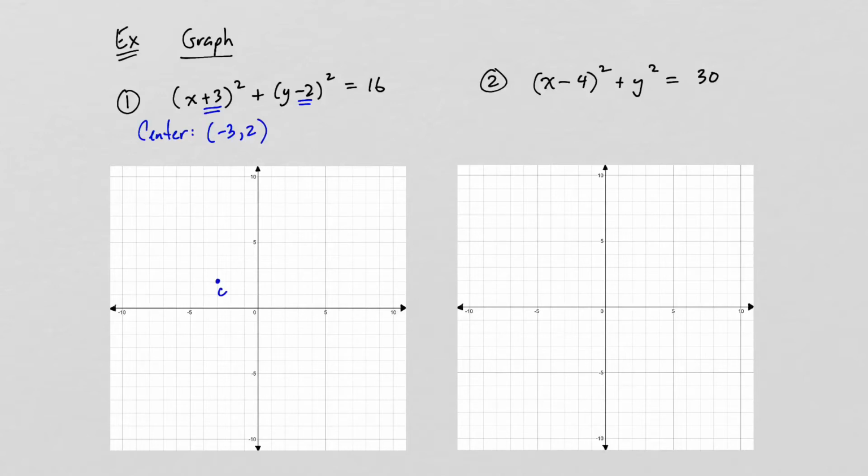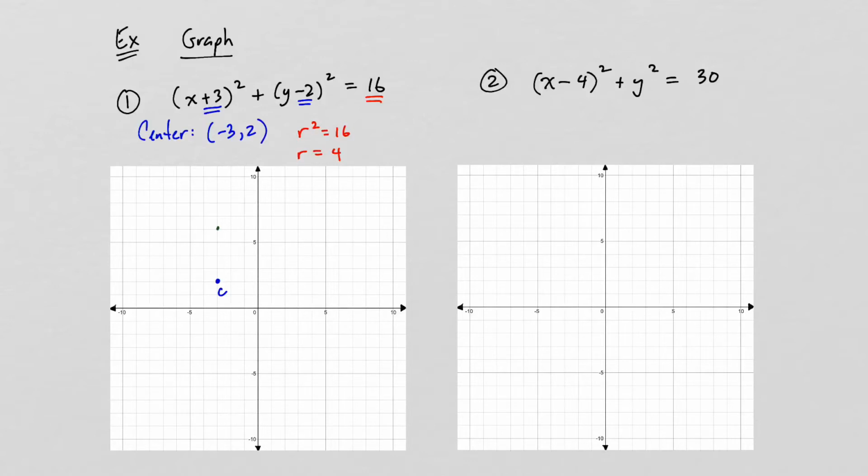Next, we need the radius of this circle. Now let's keep in mind that 16 here is the radius squared. And so if r squared equals 16, I think it's pretty clear that r must be 4. Now to graph the circle, we go to the center, which is at (negative 3, positive 2), and then from that point, we count 4 units up, 4 units down, 4 units to the right, and 4 units to the left.